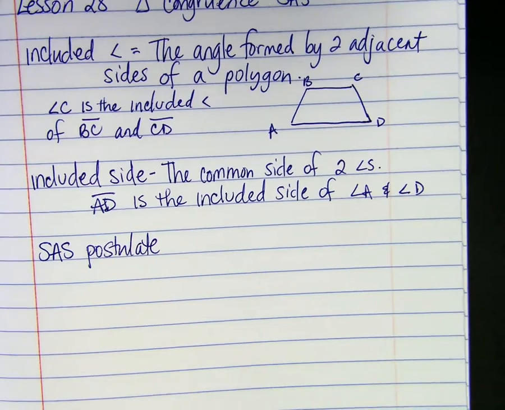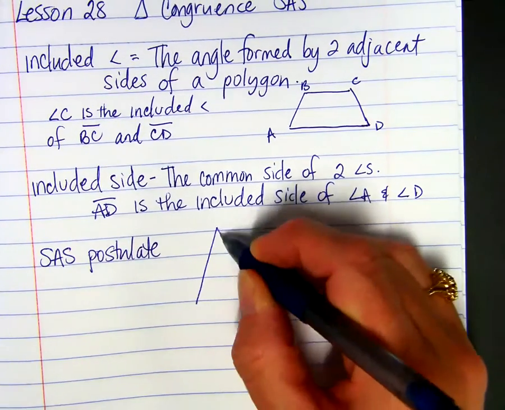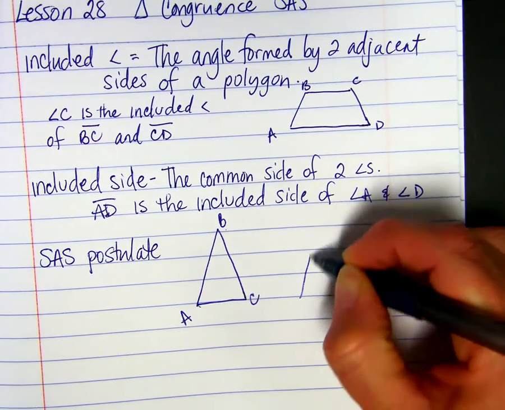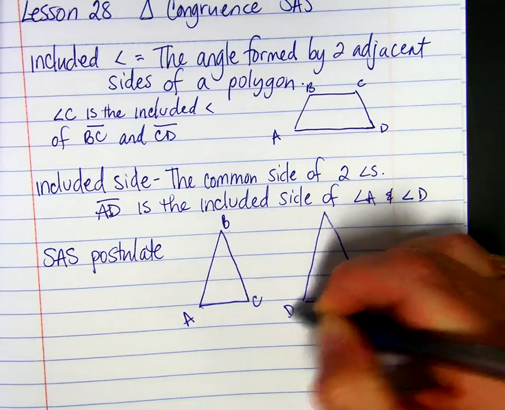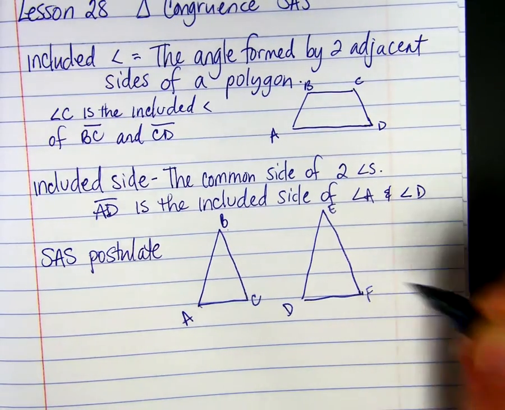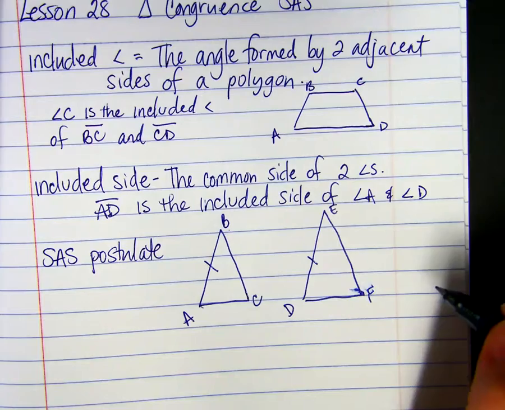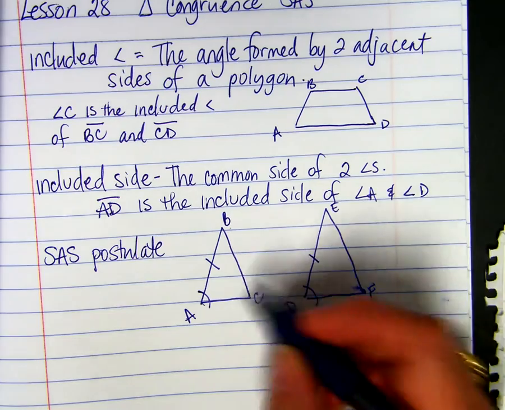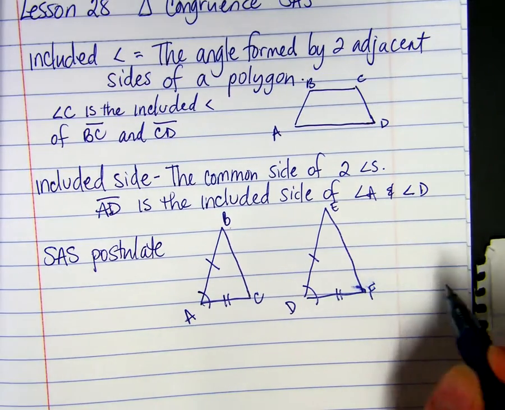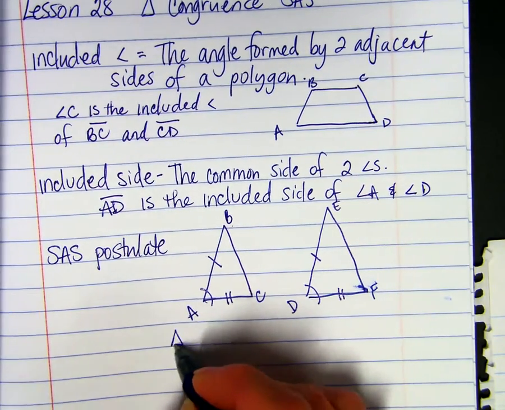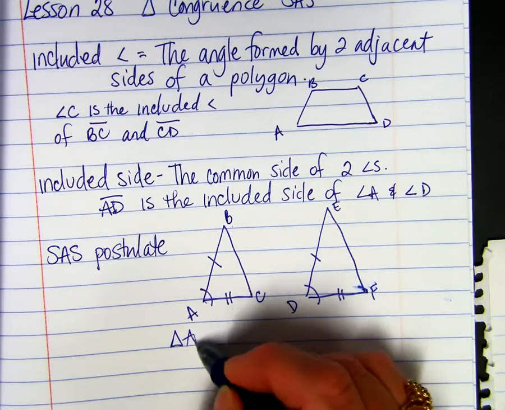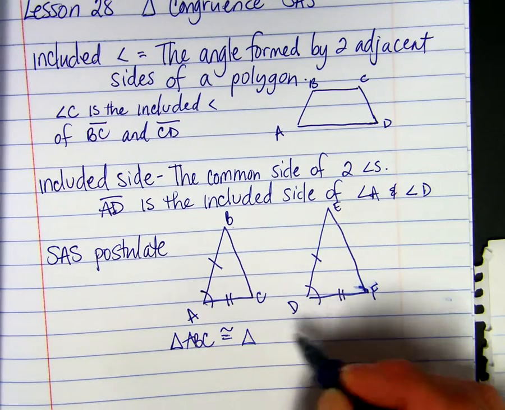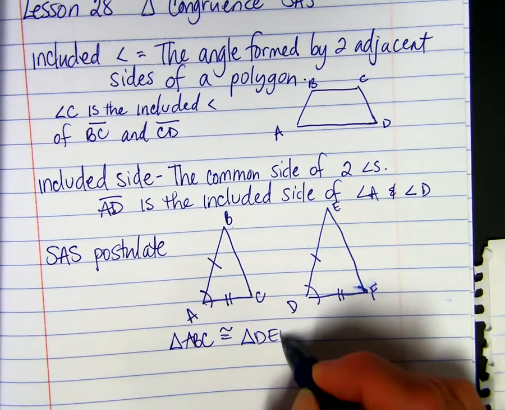So instead of writing that all out, we're just going to draw a picture. If we have a triangle ABC and another one that looks very similar to it, DEF, and this side's congruent to that side, angle D is congruent to angle A, and AC is congruent to DF, then triangle ABC will be congruent to triangle DEF.